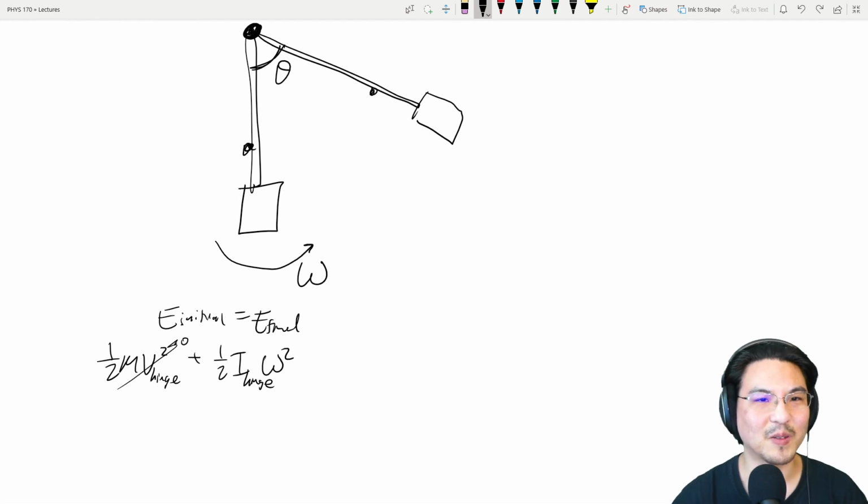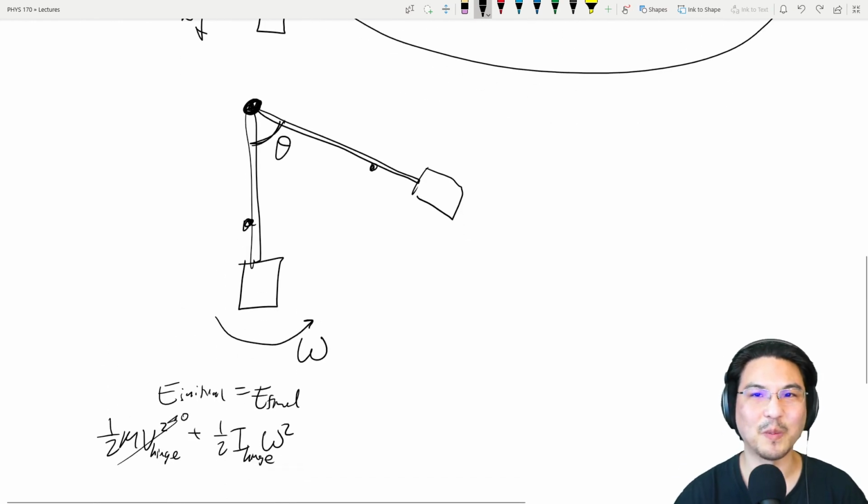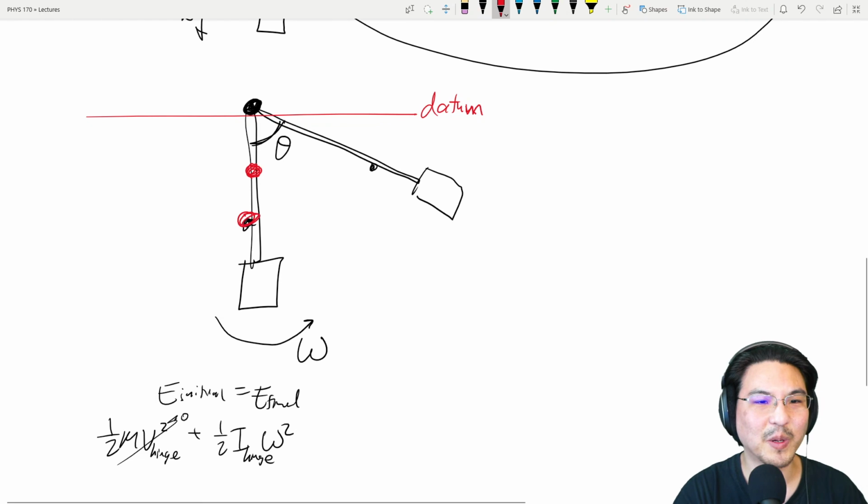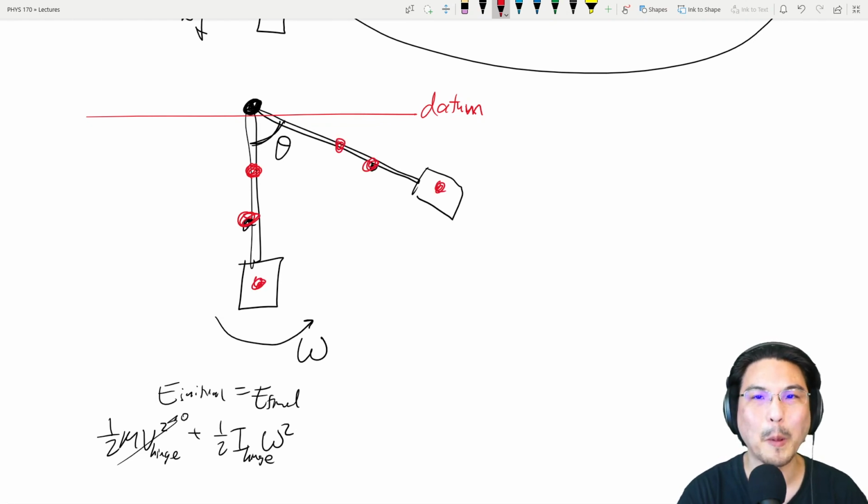What is the potential energy? Depends on where you pick the datum. So let's say you pick the datum here for everything. You can, of course, choose one datum per mass, but I'll just pick it like this. So there's the bar, the debris, the slab.